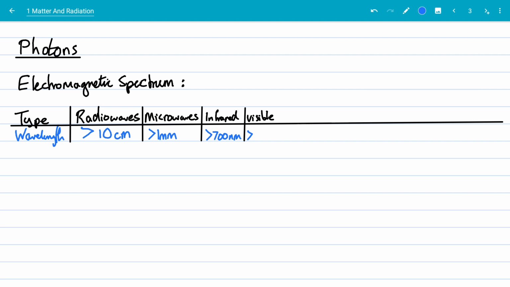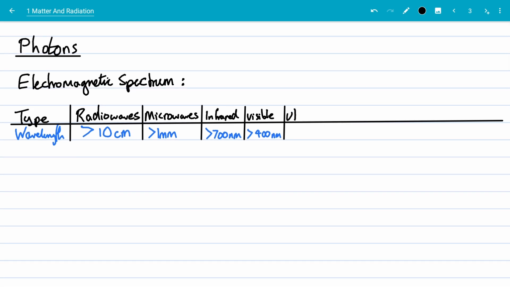You might even say 450 would be a bit more correct, but let's put 400 nanometers in there. So it's actually quite a narrow band of wavelengths, the visible part. The reason why we evolved sensitivity to that is because that's the radiation that gets through the atmosphere most easily. So you can see the advantage of evolving to be most sensitive to that.